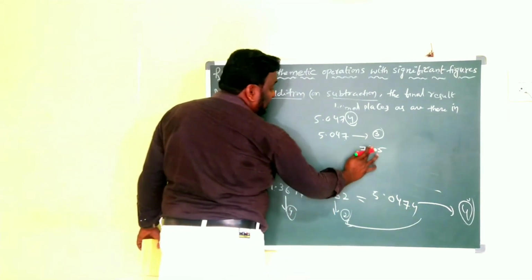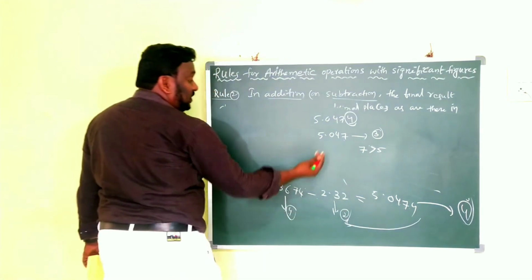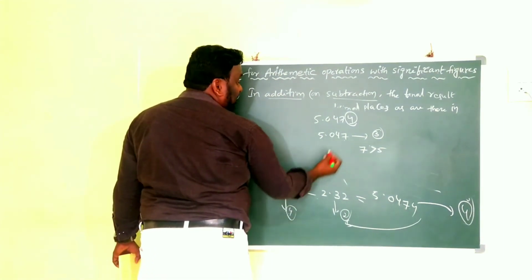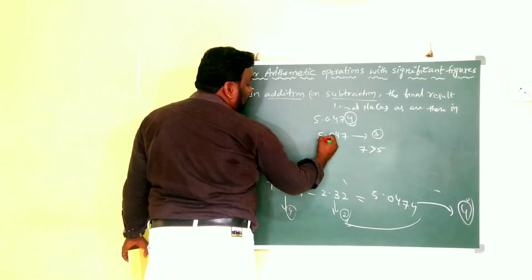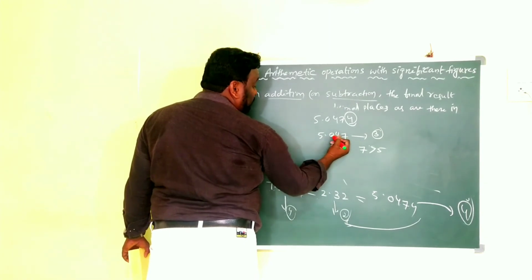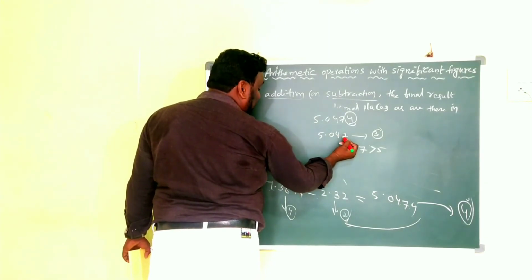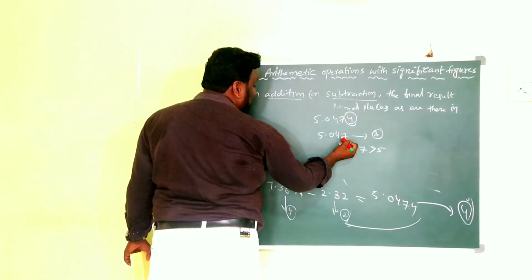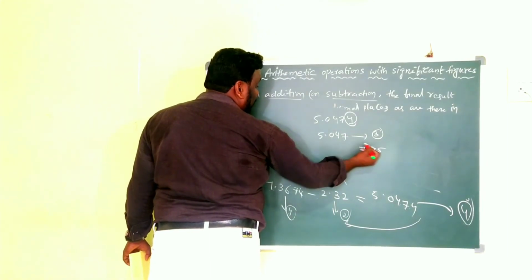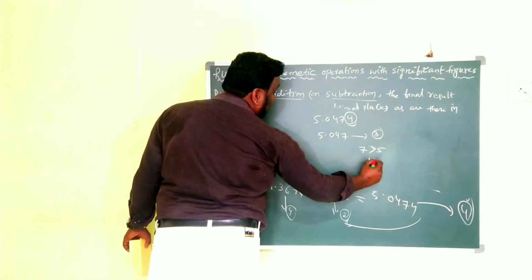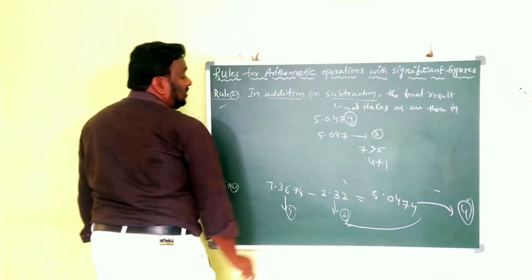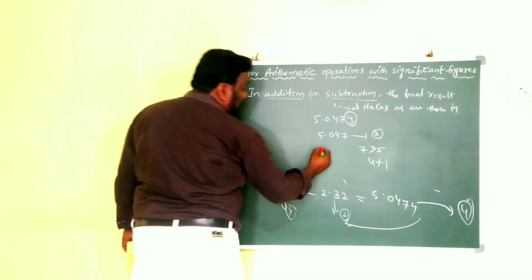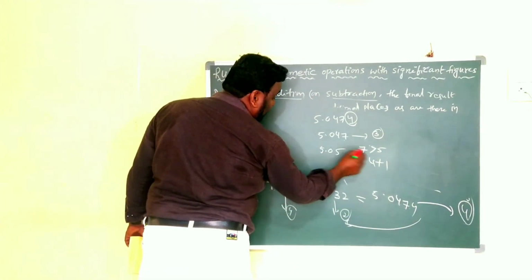Before 7, the number is 4. When the last uncertain digit is more than 5, the number before it should be increased by 1. Then what you get? 5.05.